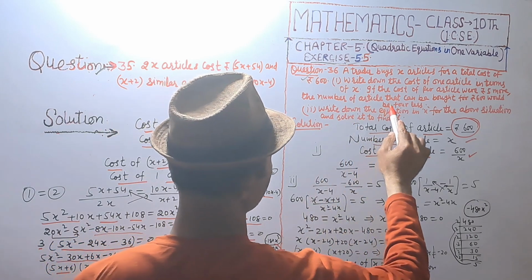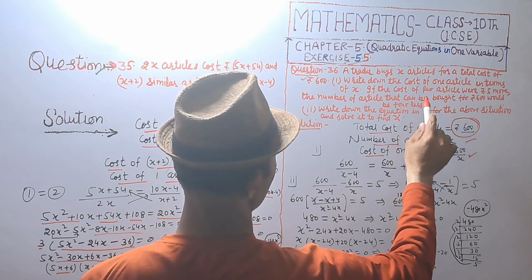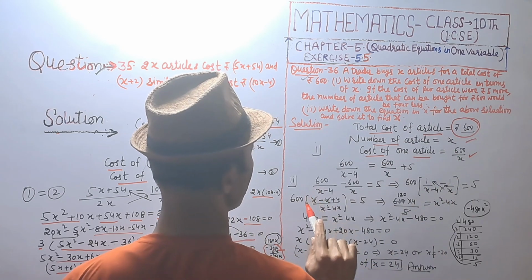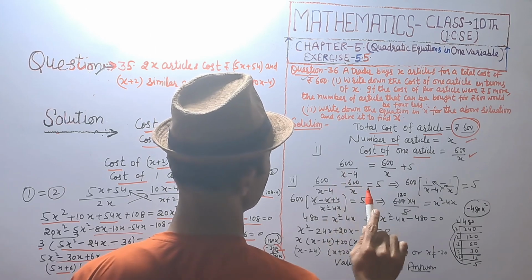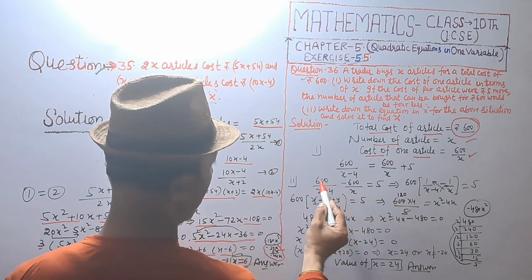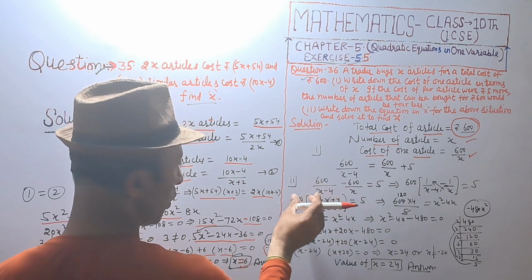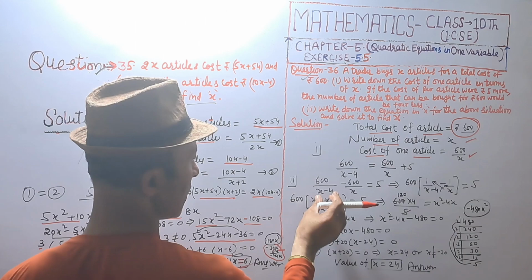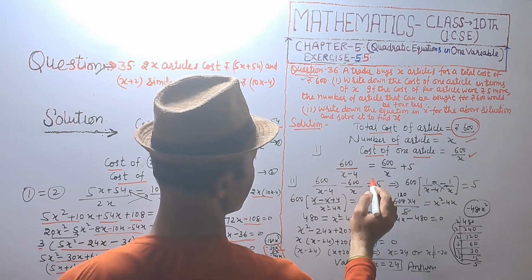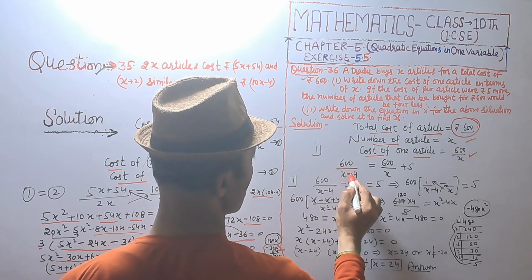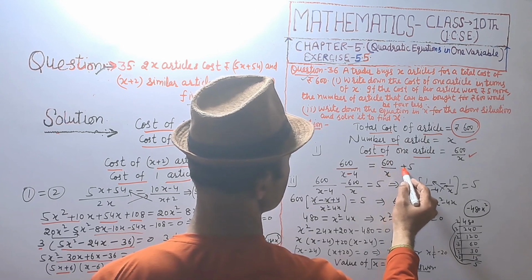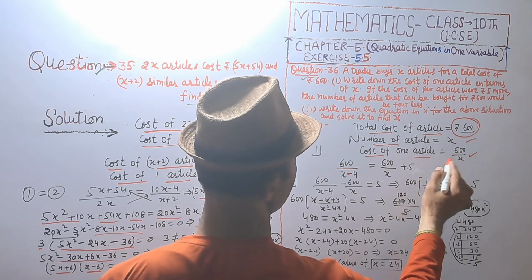And if the cost per article is rupees 5 more, the number of articles that can be bought for 600 would be 4 less: 600 upon (x minus 4). According to the given information, 600 upon (x minus 4) is equal to 600 upon x plus 5.